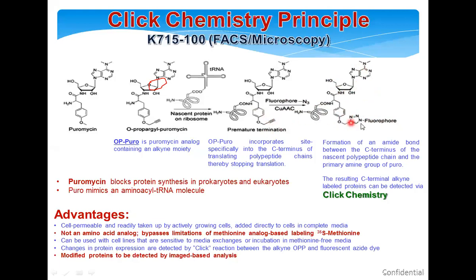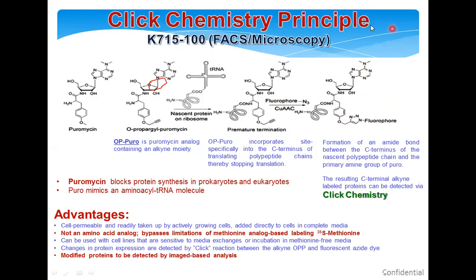This is where the click reaction happened, and you have the final product. It has a fluorophore attached to it. Now you can study this final product via either FACS or microscope.